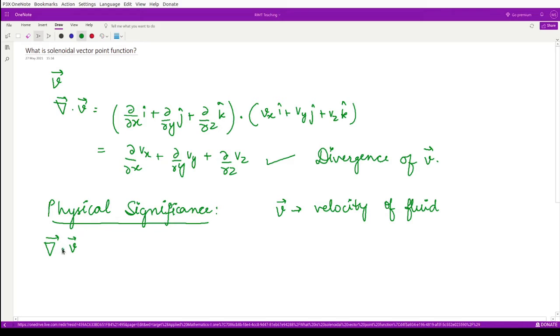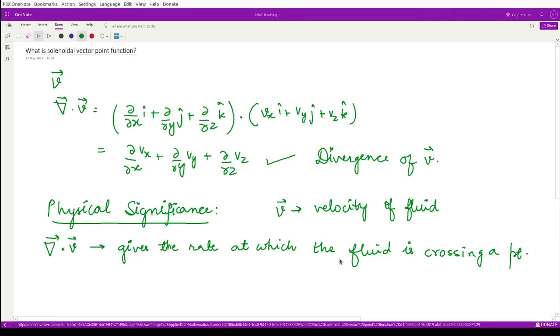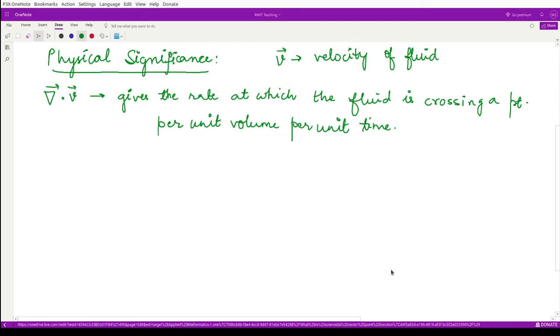So here the divergence of some vector v gives you the rate at which the fluid is crossing the point per unit volume per unit time. So we already have studied how we obtained this quantity, right?